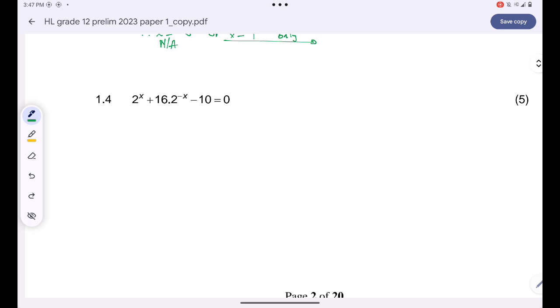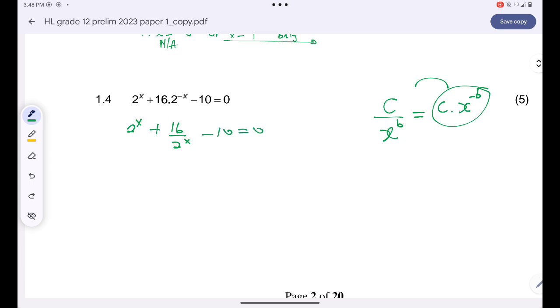There is a rule in exponents that simply says if you have c all over x to the power b, this can be written as c multiplied by x to the power of negative b. If I want to make this exponent positive, I need to rewrite this statement like that. I'll do the same over there. I'll end up having 2 to the power x plus 16 all over 2 to the power x minus 10 is equal to 0.